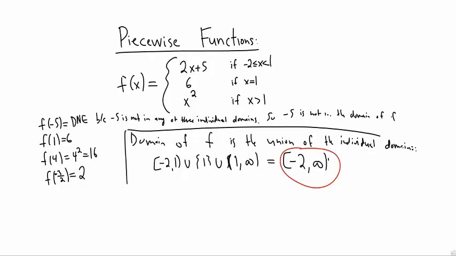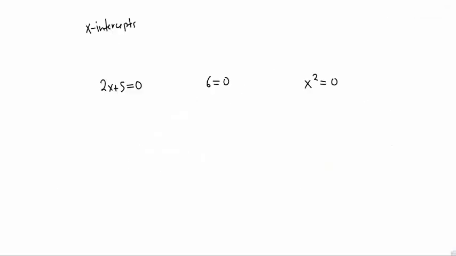Now let's look at the intercepts. What about the x-intercepts of f? Well, to find these, we need to look at each individual formula. Let's take the first formula, 2x plus 5. When is that equal to 0? It equals 0 when x equals minus 5 halves.